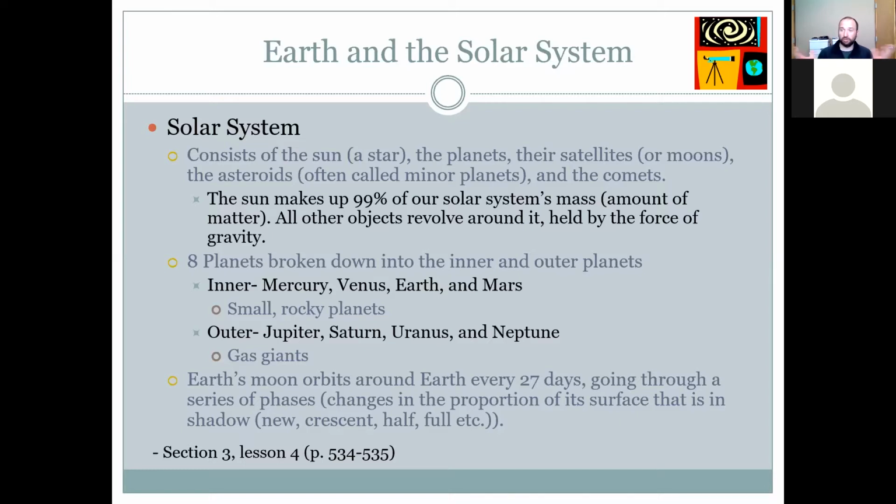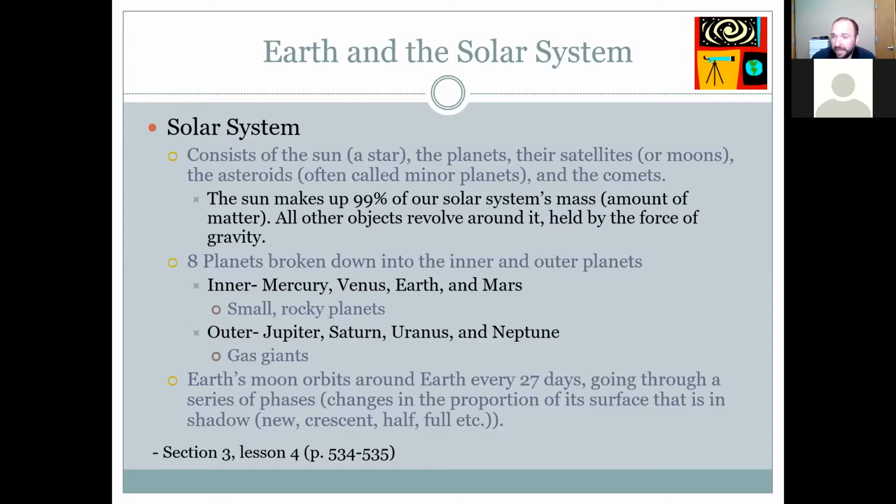If we look at our solar system, the matter in the sun, in other words, what the sun is made up of, consists of 99% of the matter in our solar system. You take all the planets, all the asteroids, all the comets, all the moons, everything combined, and that's 1 out of 100 compared to the size and the mass of the sun. The sun is massive.